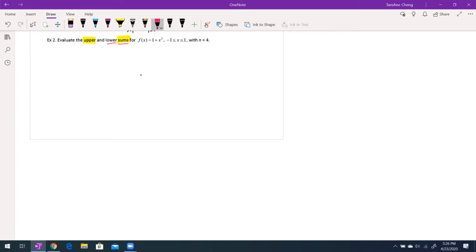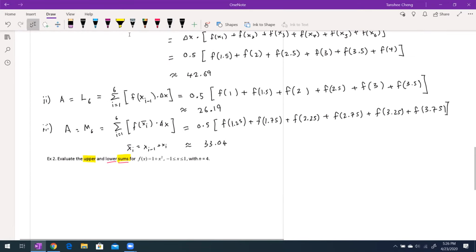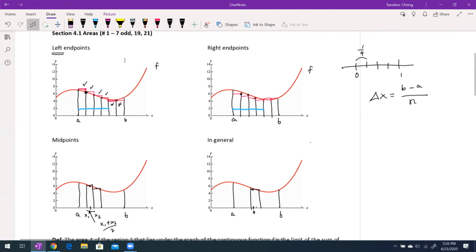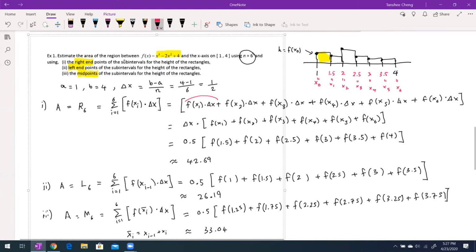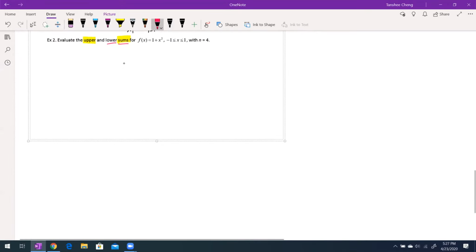Let me just draw it so that you can see better. Let's say you have a function like this, and here's the interval a to b.